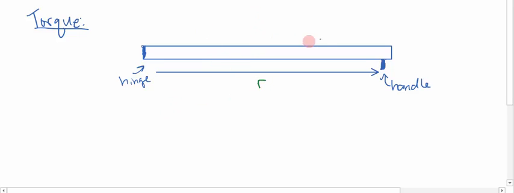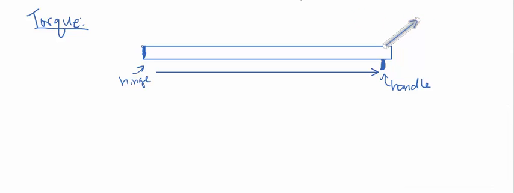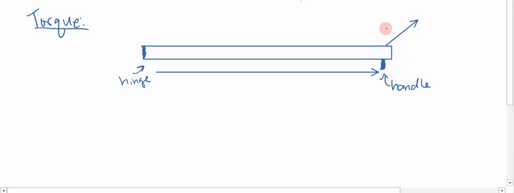Then I'm going to apply a force to this as well. Say I'll apply this force at the handle. That's what we usually do. Some force, let's call this F. There's R, and then we have some force F. And so we will be applying a force to this door.